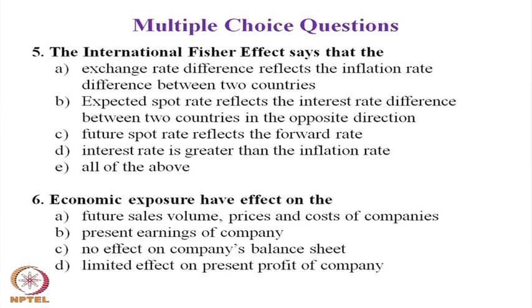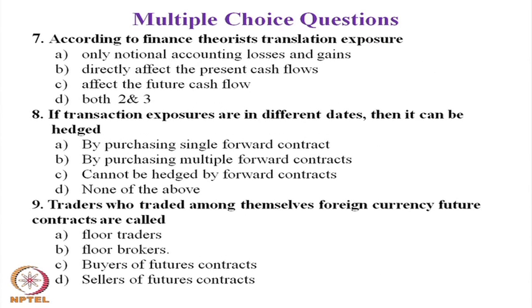Number 7, according to finance theories, translation exposure A, only notional accounting losses and gains. B, directly affects the present cash flow.